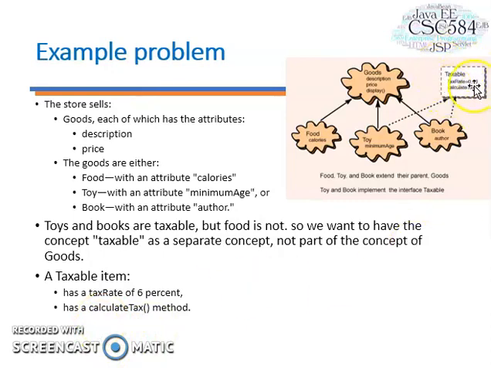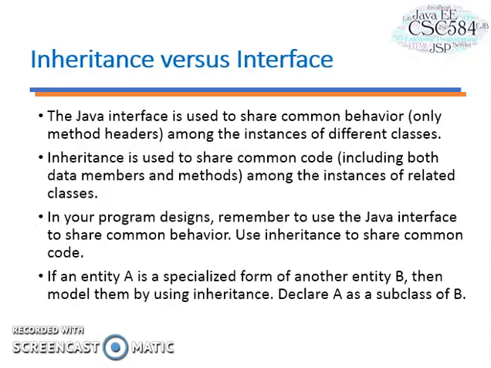So in this case, what we need to do is, we know that the goods will be the parent and the rest will be the subclasses: food, toy and book, except taxable item, which will be an interface that only applies to toy and book. Alright, just now we have looked into the example problem of polymorphism with an interface.